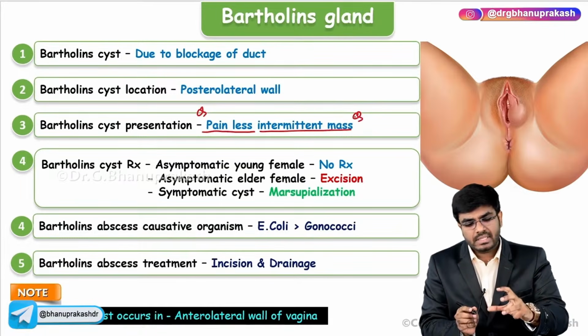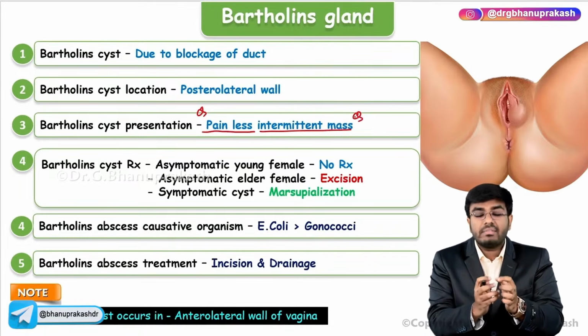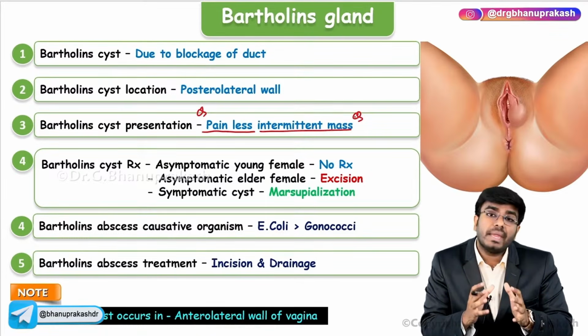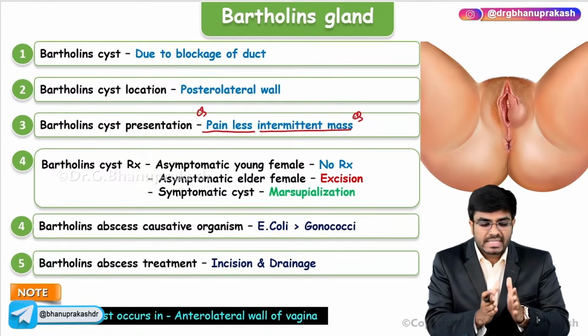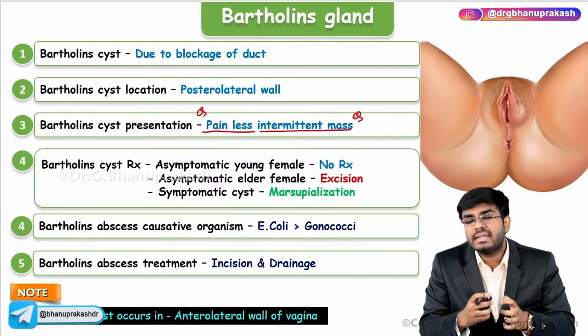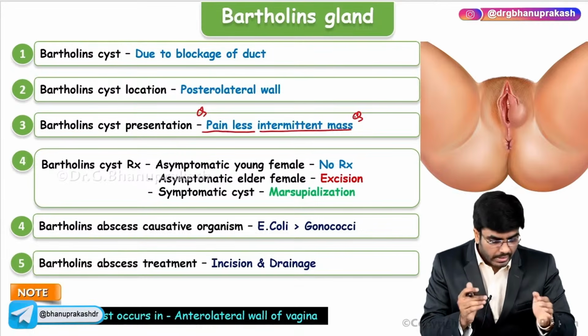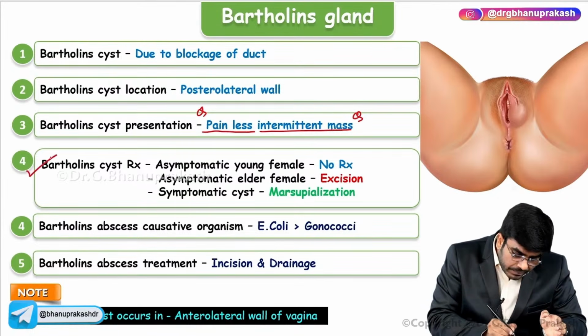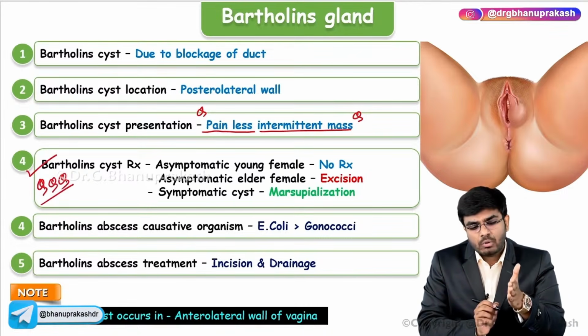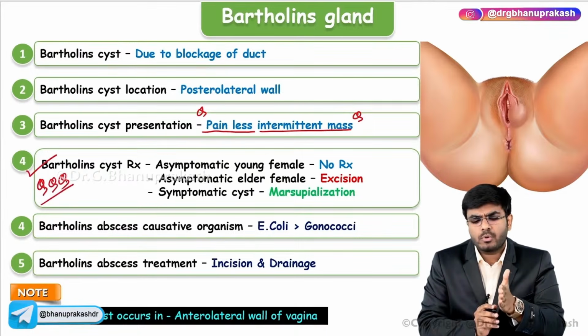Sometimes the cyst will be there, it will resolve automatically, and again it appears. It is especially going to cause pain during intercourse. So it is an intermittent cyst, and if there is pain, it will be aggravated by intercourse. Now this is the area where you are more likely to get an MCQ. There is a female who has a Bartholin cyst in the posterolateral wall.